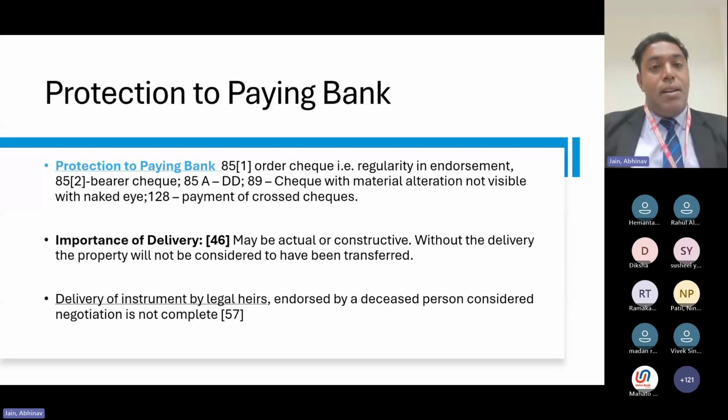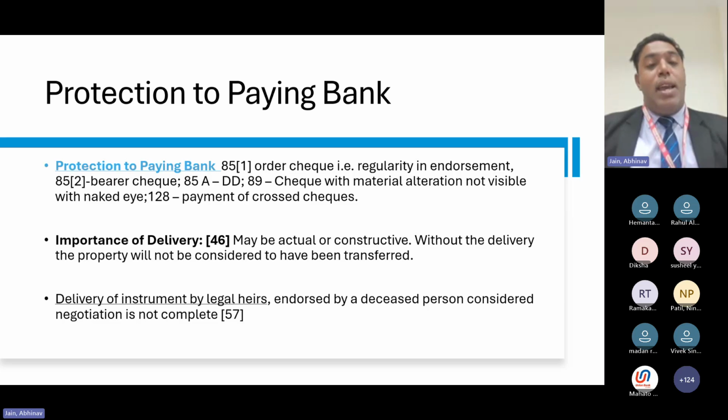Let us discuss important sections pertaining to protection to the paying bank. Very important. In case of order check, section 85(1) says that protection to the paying banker would be there if everything is in order. Section 85(2) talks about protection to the paying bank in case of bearer check.